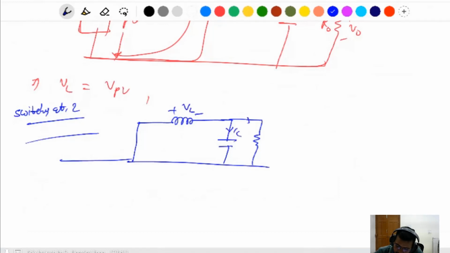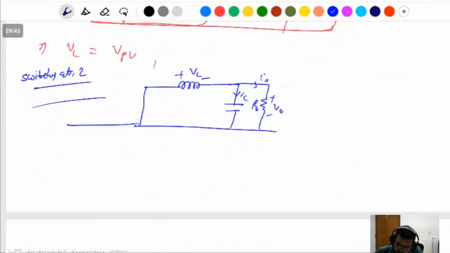So VL, IC, I naught, R naught, V naught. Then what is the VL? VL is equal to minus V naught.